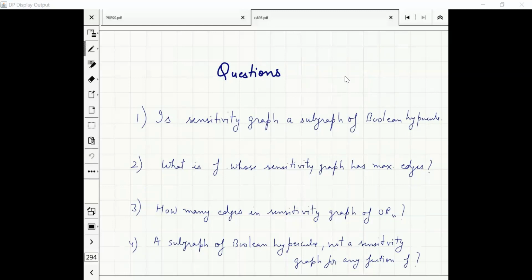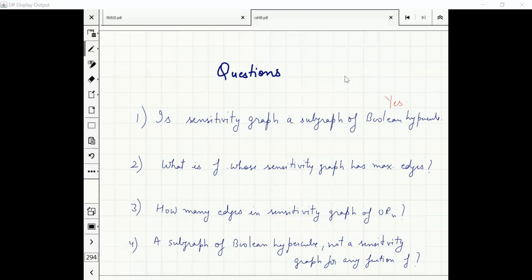Is the sensitivity graph a subgraph of the Boolean hypercube? Yes, that's how it was defined. So that was very easy. That's why I called it a full toss. You were supposed to hit a 6 on that. Let's take it a step further.